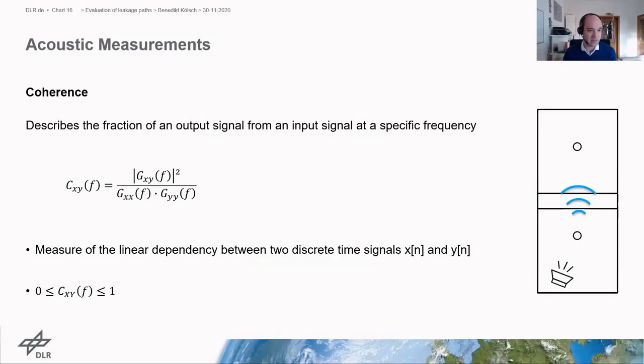This coherence is defined as the squared magnitude of the cross-spectral density between these signals divided by the product of their autospectral densities. This factor has the advantage that it's always between 0 and 1, where 1 means that both signals have a total dependency at this specific frequency, and 0 means that they're totally independent from each other.